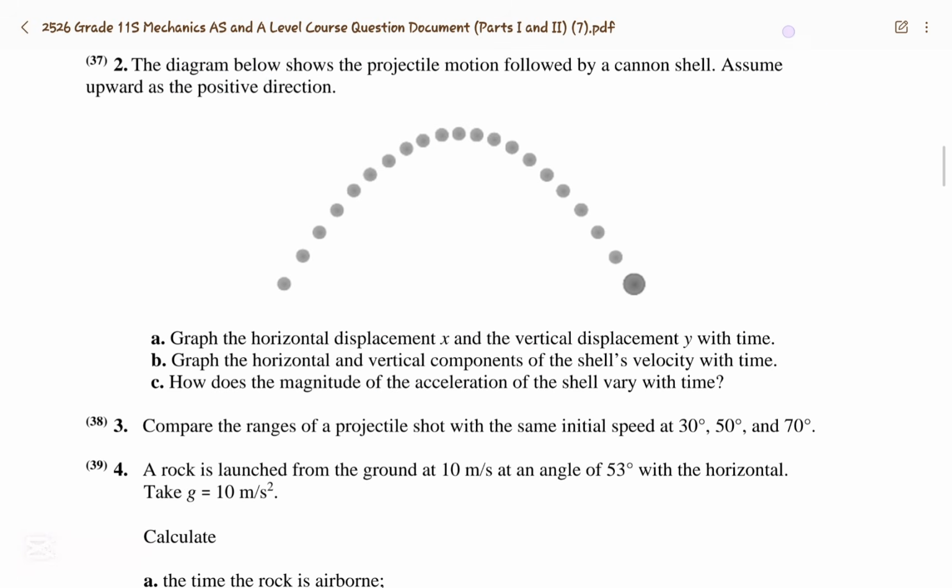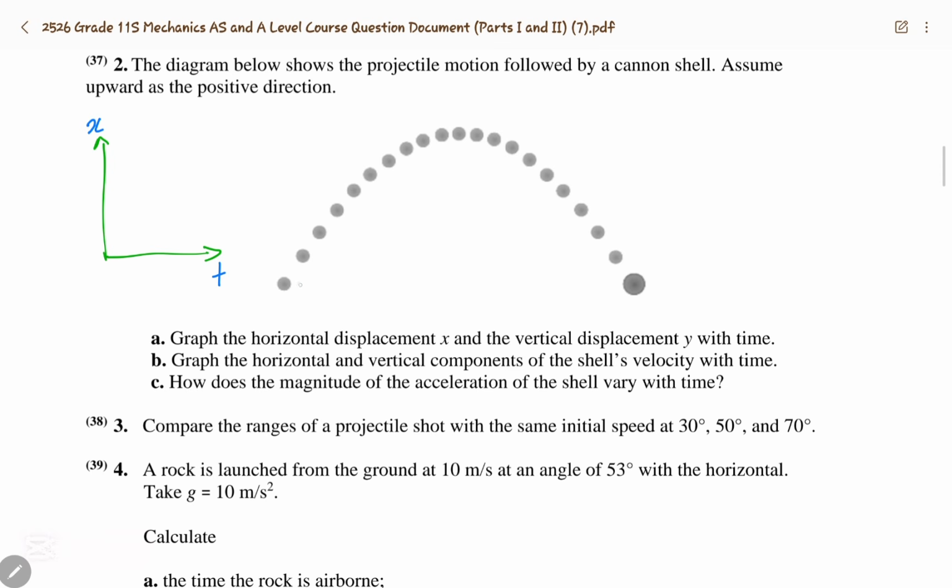What does it say? The diagram below shows the projectile motion followed by a cannon shell. Assume the upward direction as the positive direction. What are they asking from us? They are saying to graph the horizontal displacement x and the vertical displacement y with time. The horizontal displacement is going to be x of t, right?